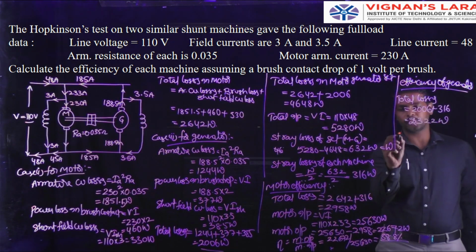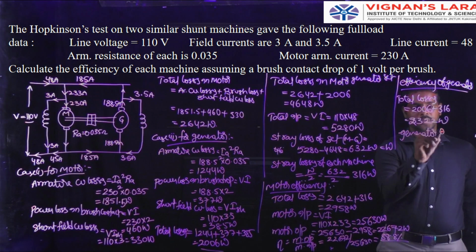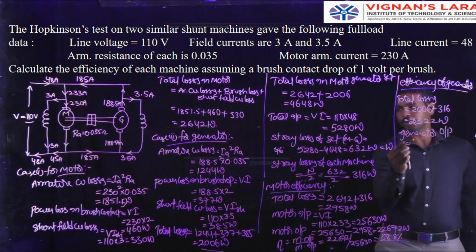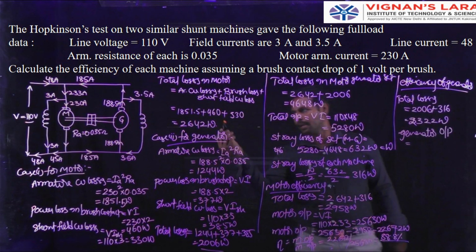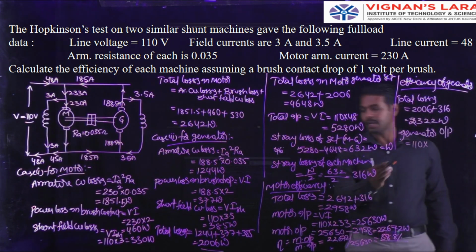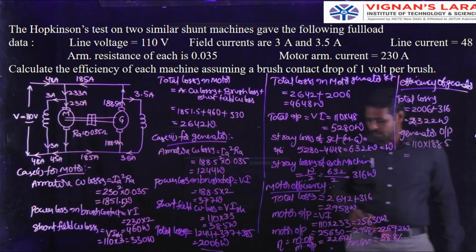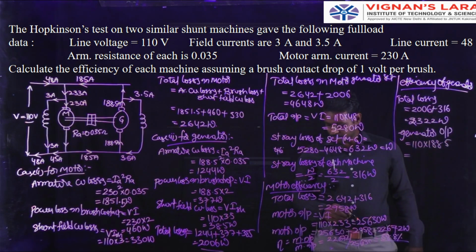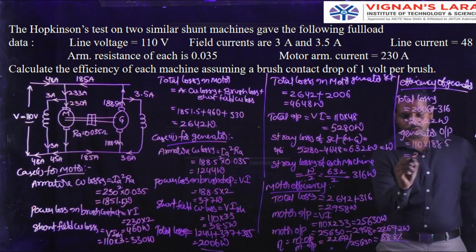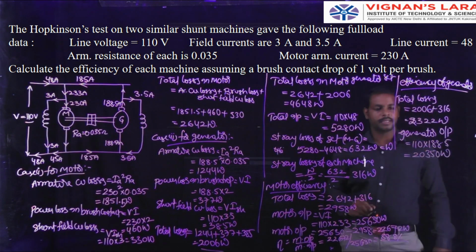Next, the motor generator input is equal to the generator output, which is equal to voltage into current. Voltage is equal to 110, multiplied with the corresponding current of 188.5 amperes, which is equal to 20,350 watts.